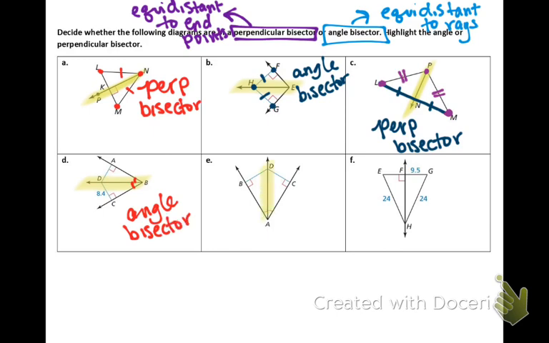Next one is very similar, just turned upward. Got these two marks, which means an angle was bisected. Letter F, last one. We've got this bisector. It is equidistant to the end points. So that means this is a perpendicular bisector. That's the end of 6.1.